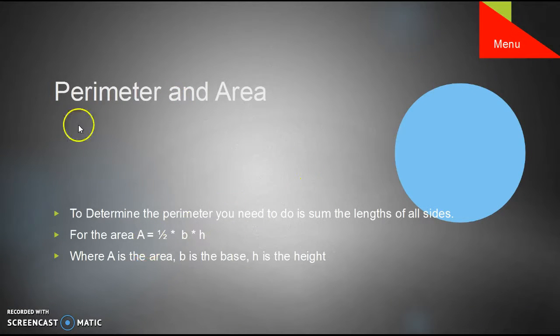So, how do you determine the area and perimeter of a triangle? To determine the perimeter, it's the same as for a rectangle. So, you just add up all the sides. So let's say we have this triangle that has, I think, 2 here, 3, and 4.